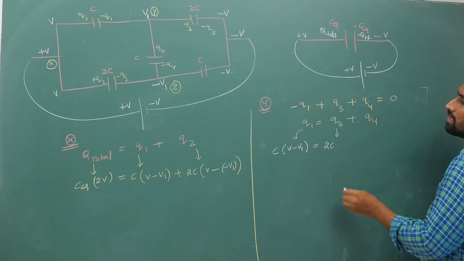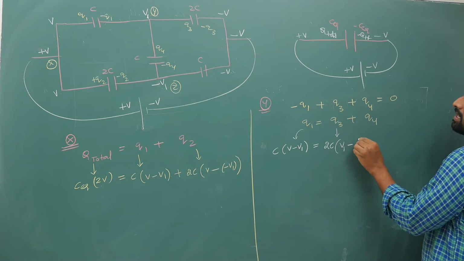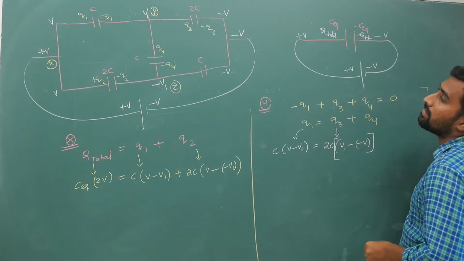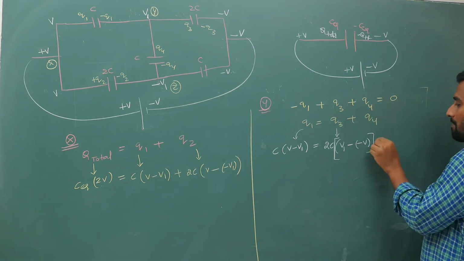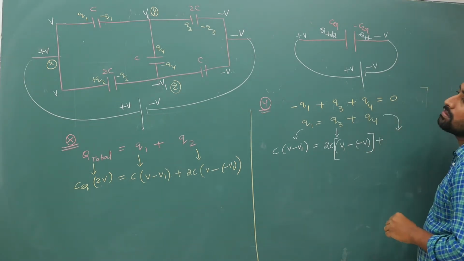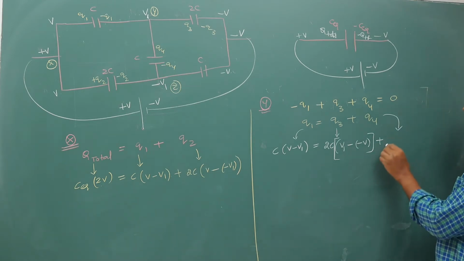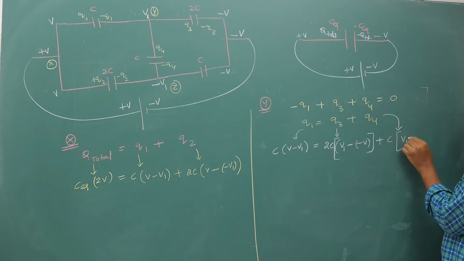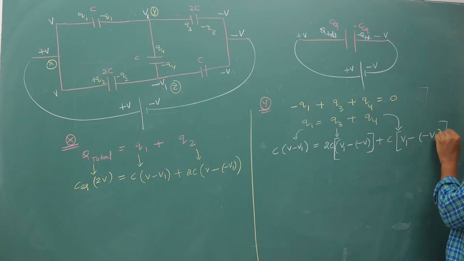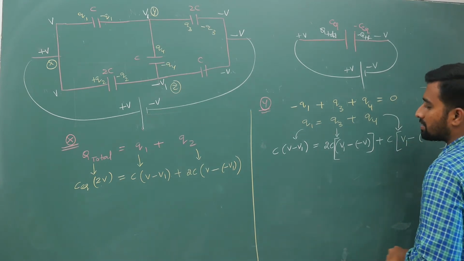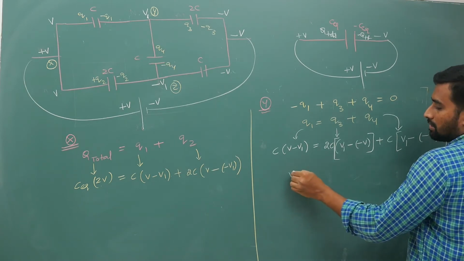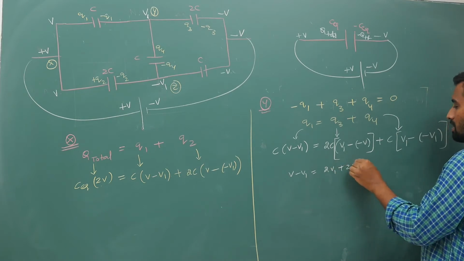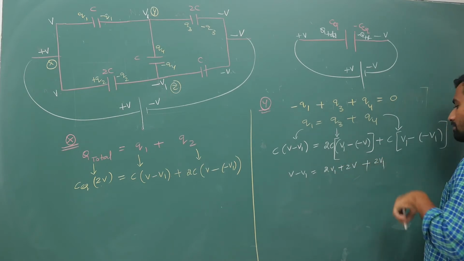Q3 is 2C times (V1 minus of minus V), that is V1 plus V, plus Q4, which is C times, you have to write from positive potential to negative potential, so it is V1 minus of minus V1. Now if you simplify this entire thing, the C's will cancel off: V minus V1 is equal to 2V1 plus 2V plus 2V1.